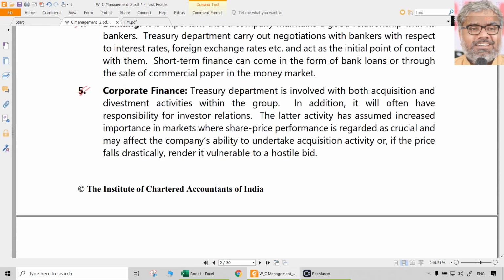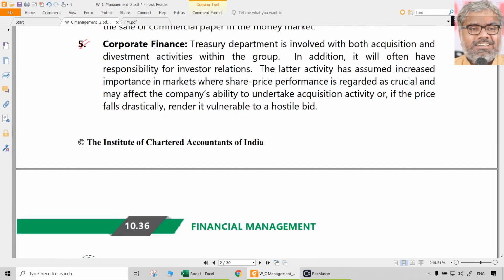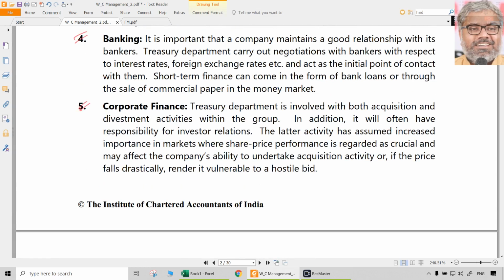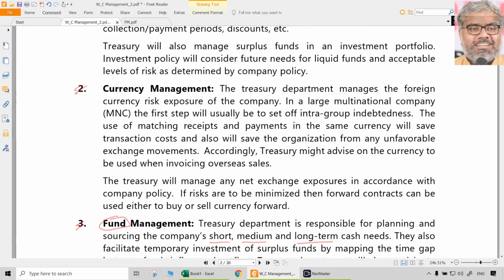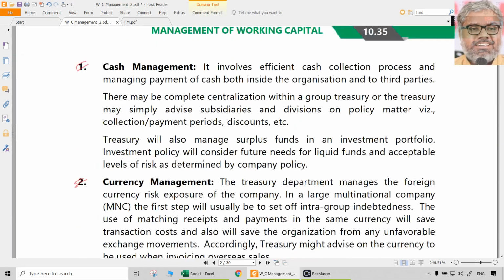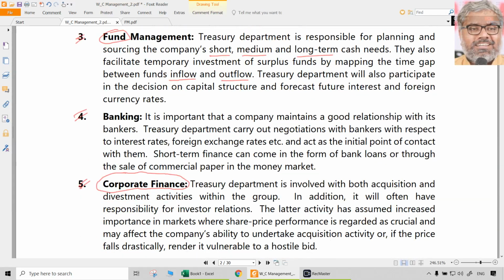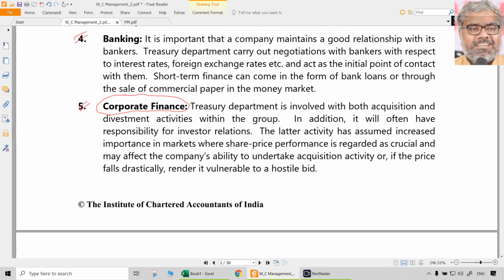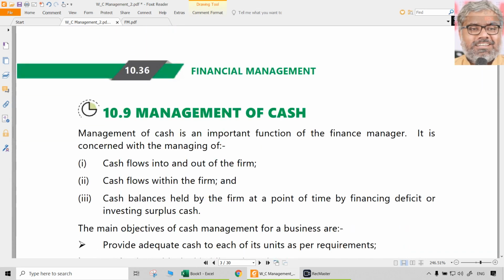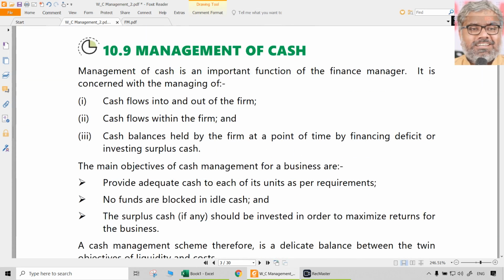Also some of the corporate relations, corporate finance operations, including investor relation type of situations, will be done by treasury management. But of course, most of the organizations, they'll have a separate department for this. Usually the treasury function is not burdened with this. Again, it depends upon the size of the organization. If the size of the organization is smaller, more and more responsibilities will lie with the same person. If the size of the organization is bigger, the specialization will become more.